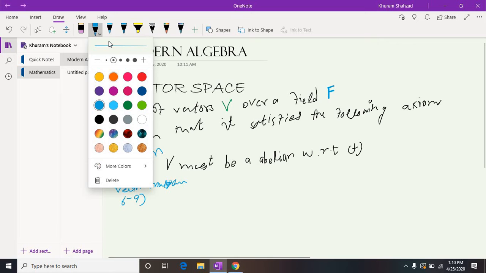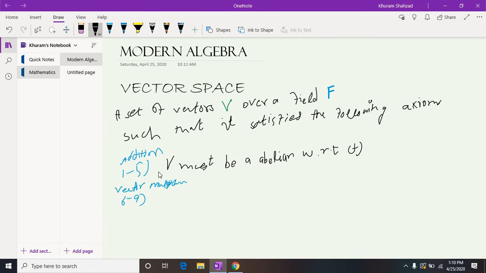So I'm going to write those axioms one by one here. So these are 5, 1 to 5, and here they have been discussed. So here comes the 6th one.